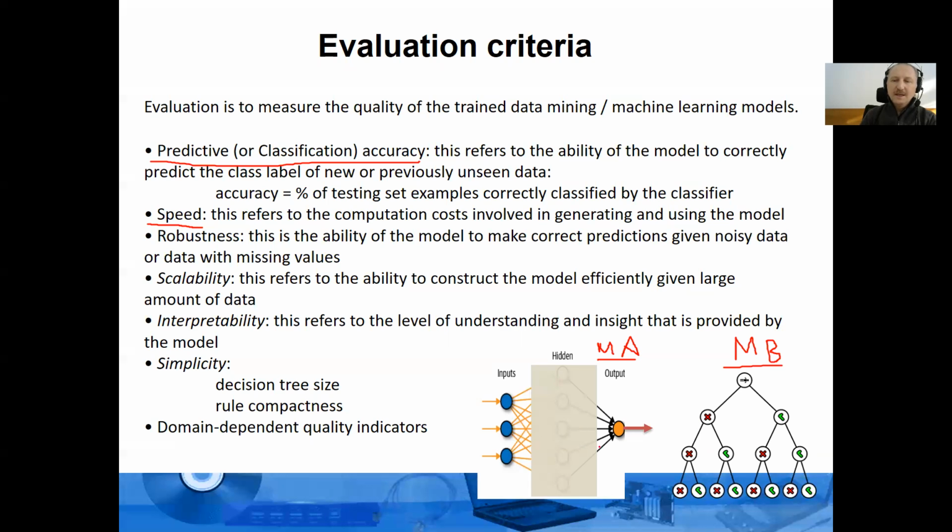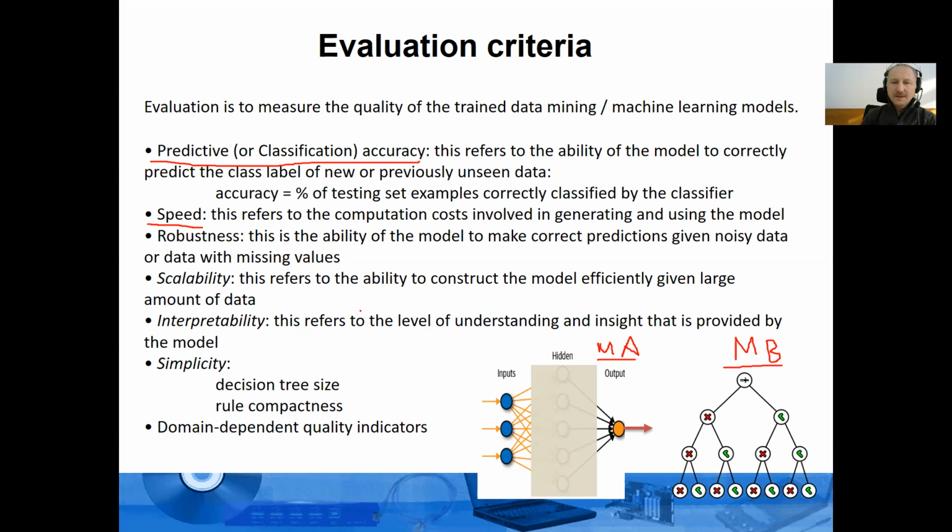Usually decision tree models take less time to train, but neural network models usually require much more time to train.